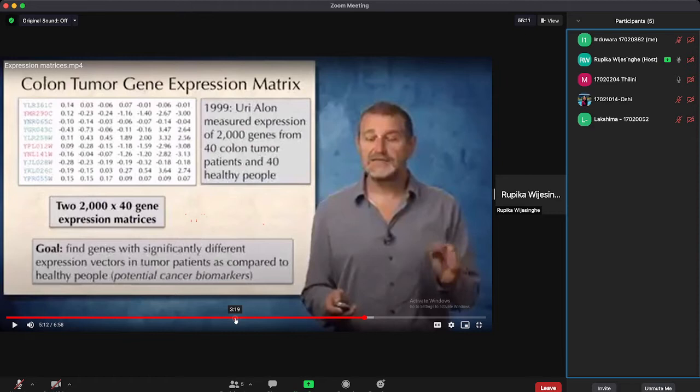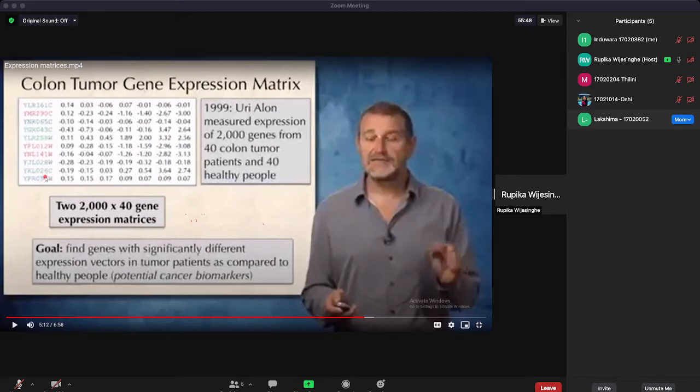Here also, actually, we are reducing the dimensionality. Reducing the dimensionality here means that to test for colon cancer, we don't need to check the expression of all the genes. For example, imagine a patient comes to the clinic, and we need to check whether that patient has colon cancer.